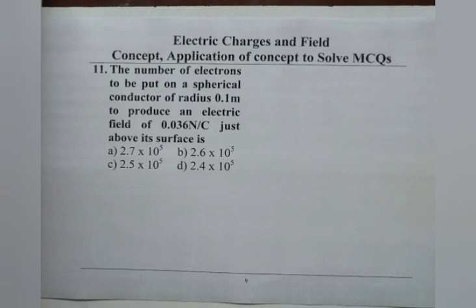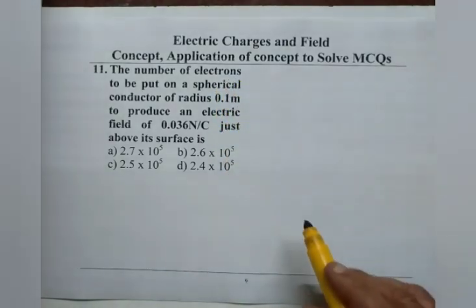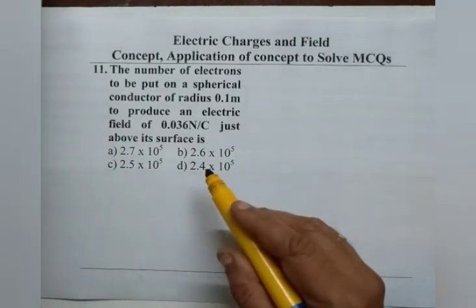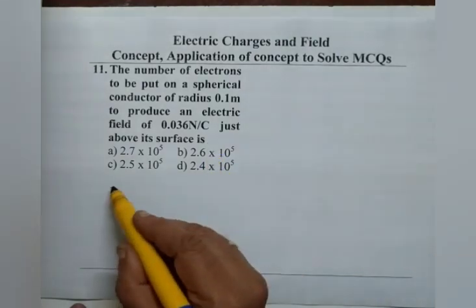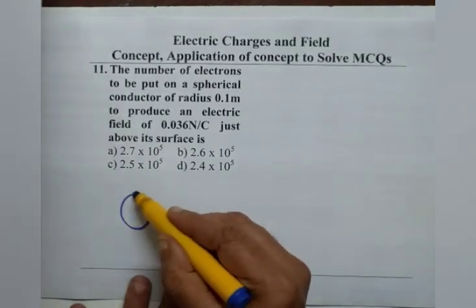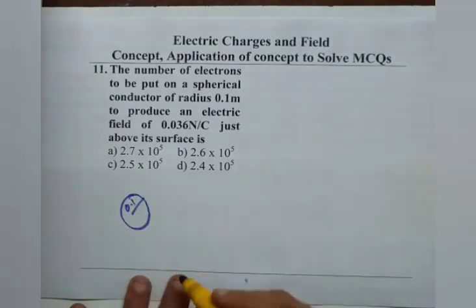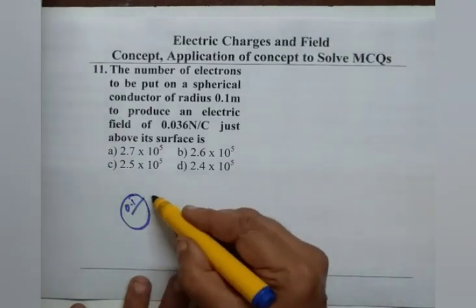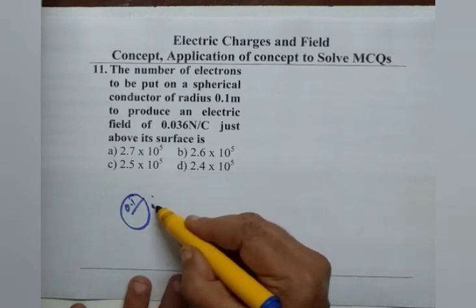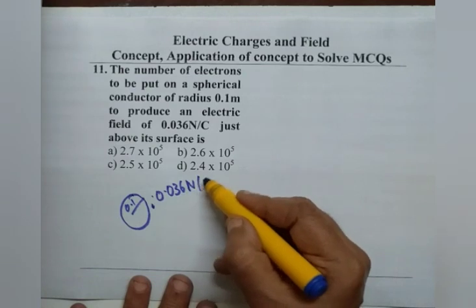Observe here, it is a combination of the property of the charge, the quantization of charge, and electric field, all those things. We write. Say, what is given there? We have a conducting sphere of radius 0.1 meter, and just outside it, we have 0.036 Newton per coulomb.